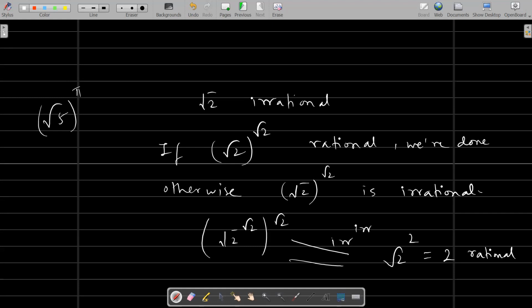One number theorist, Alan Baker, has written a nice book on irrational numbers, and he has given various techniques to show different numbers are rational, irrational, and so on. So maybe those who are interested in this rational, irrational business, there is a nice book by Alan Baker, Irrational Numbers.